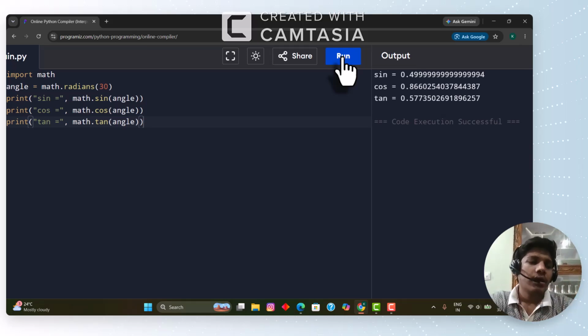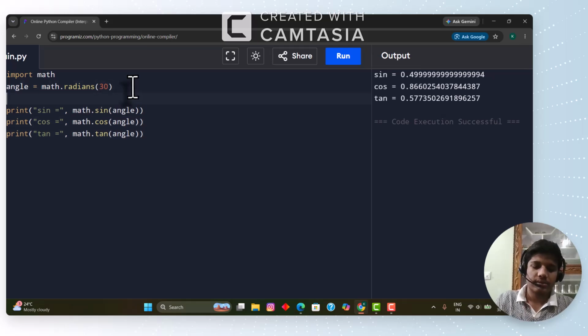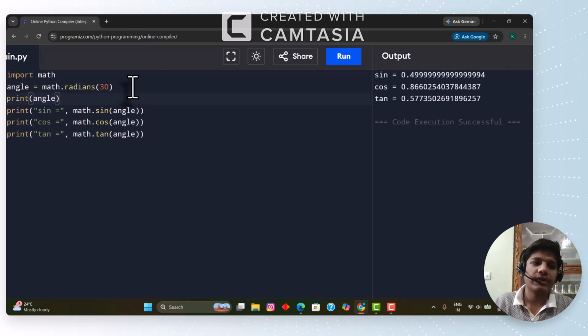Now the angle which was in radians is given to the sine. Sine of the angle means the angle in radians. If you want to see the angle, just print angle, then you can know its value.